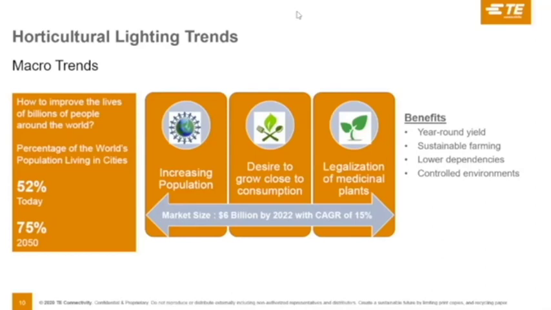So therefore, there was a need to determine how can we feed this ever increasing population, especially when the land mass was not growing. And horticultural lighting and vertical farming was definitely one of the answers to that question. And with that, more importantly, there was a need for the product to be grown and consumed close to the area of consumption.